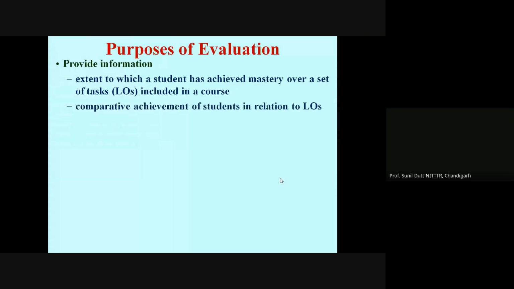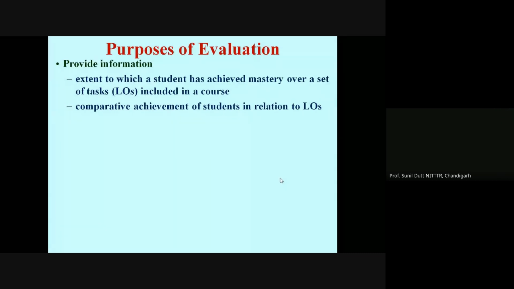Provide information regarding the comparative achievement of students in relation to learning outcomes. Whether the student has answered the questions as per the learning outcome. So firstly, the question should be as per the learning outcome. For example, the learning outcome is that he should be able to define force.